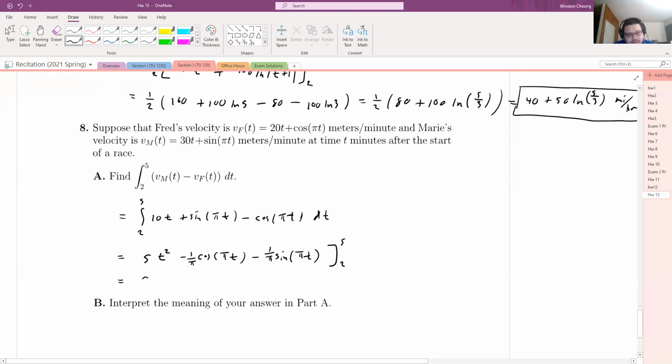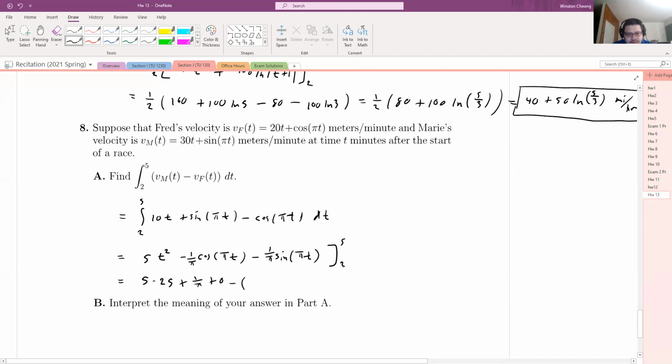Okay, so 5 is going to be multiplied by 25. Write that a little bit better. When I plug in 5 to this, cosine of 5 pi is going to be -1. So we end up with plus 1 over pi. Sine of 5 pi is going to be 0, which I will just write.